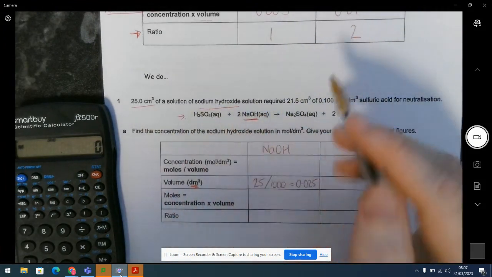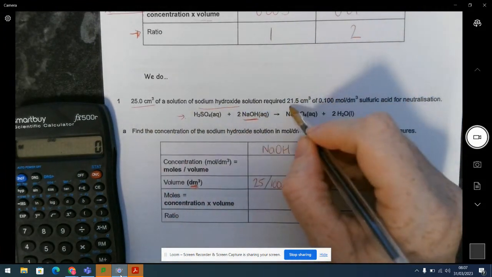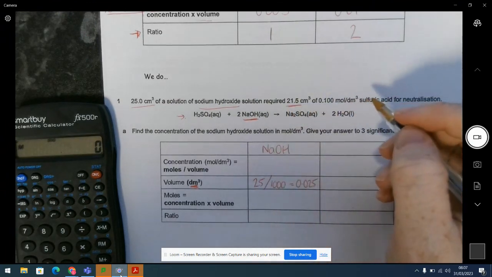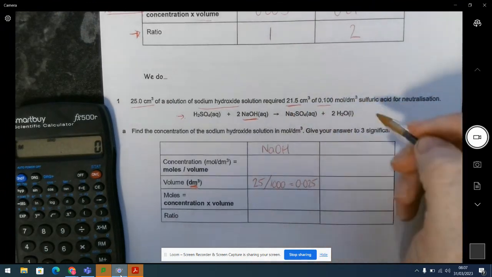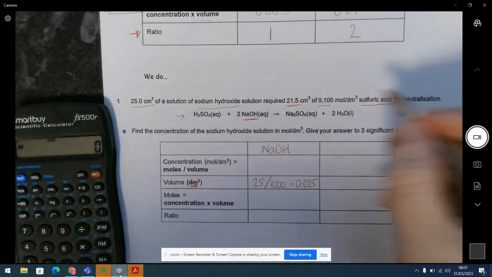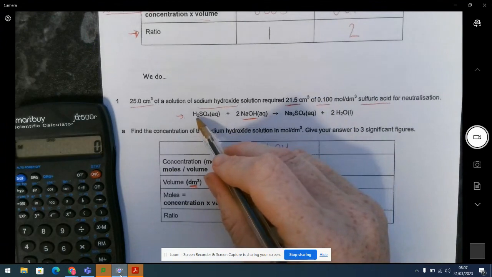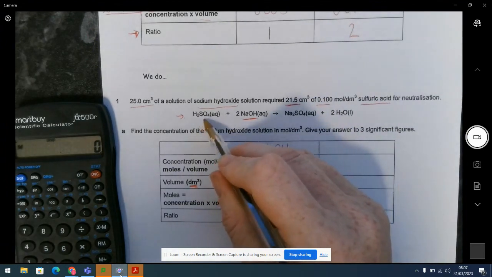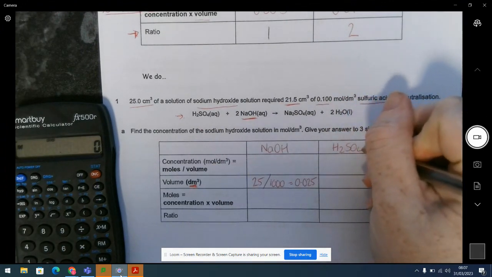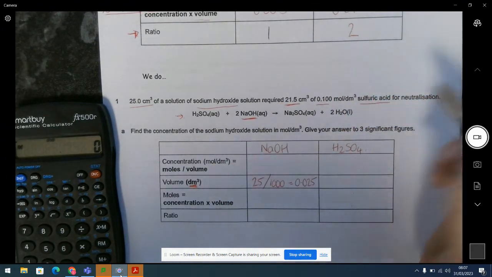So that amount of sodium hydroxide is required, okay, solution required 21.5 centimeters cubed of 0.1 moles per decimeters cubed sulfuric acid. So my second thing I'm looking at is my sulfuric acid, which is one of the 3 acids you need to know the formula for. So H2SO4 is the formula for that.